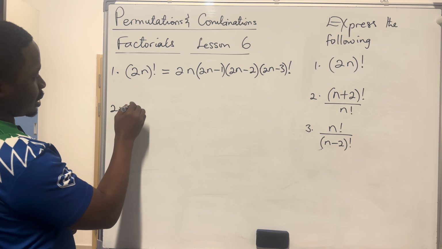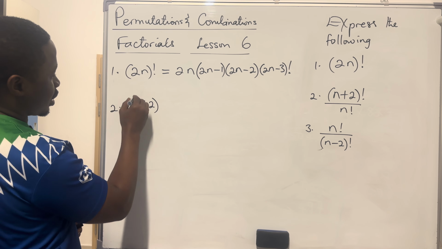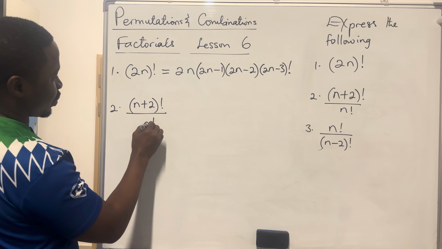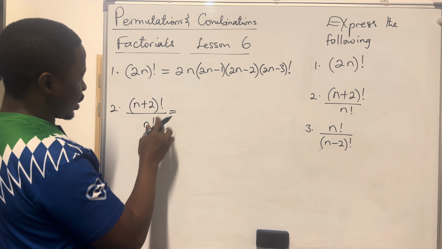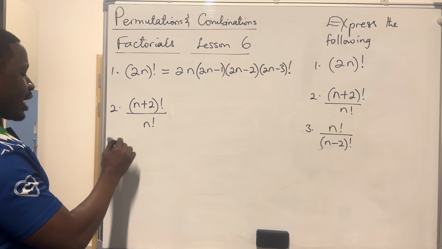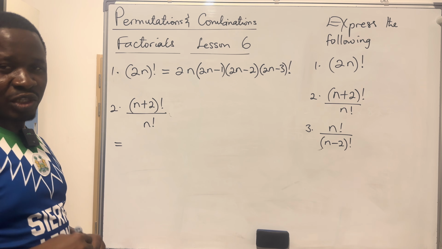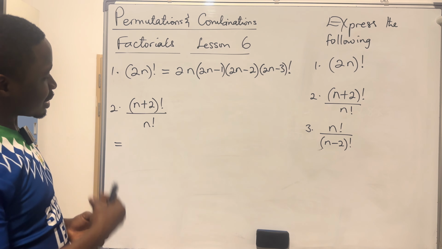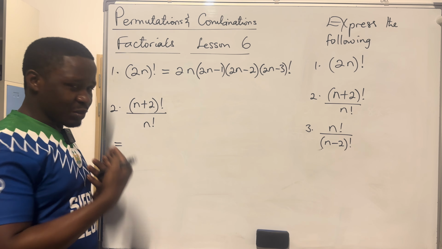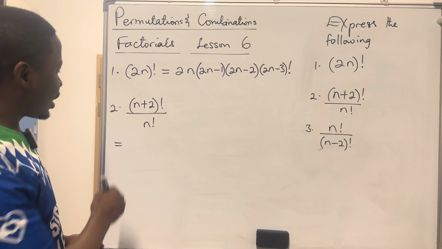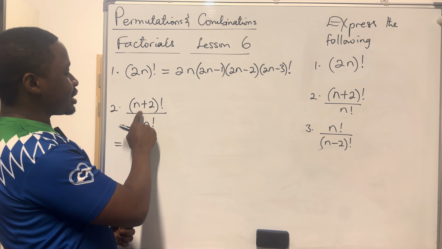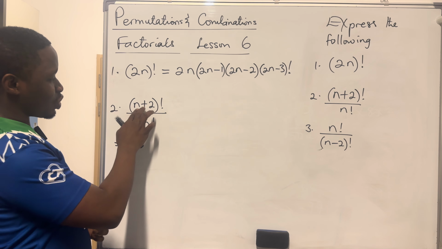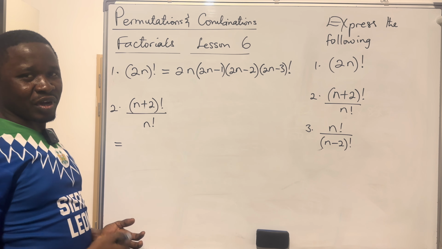The second one says n plus 2 factorial over n factorial. Okay. This one here, there is something you need to note and understand very well. You need to understand, by individual expansions, if n factorial will later produce n plus 2 factorial, or if n plus 2 factorial will later produce n factorial.